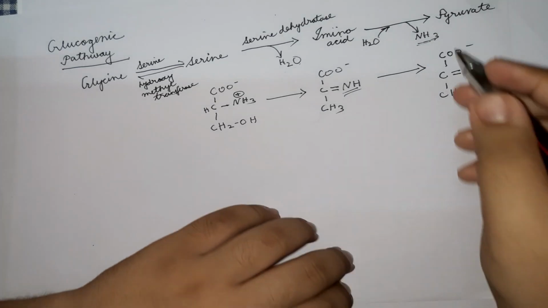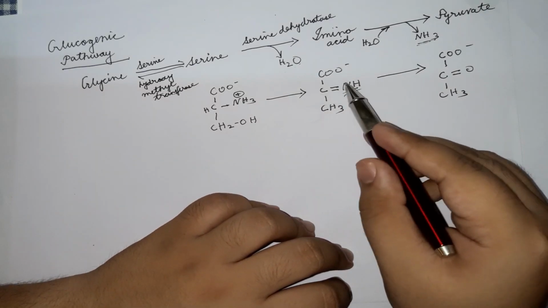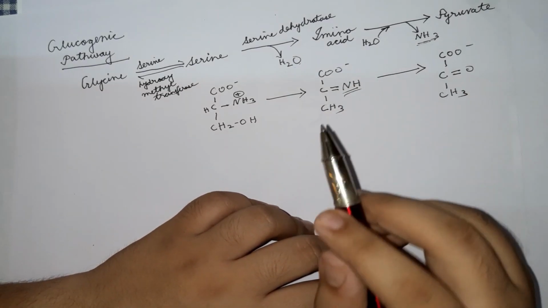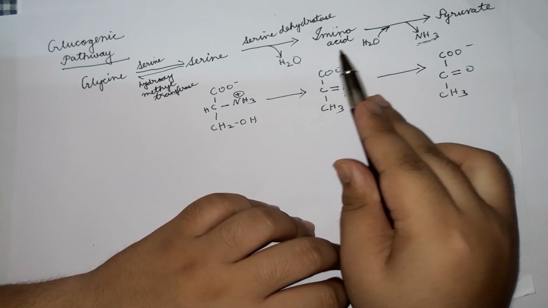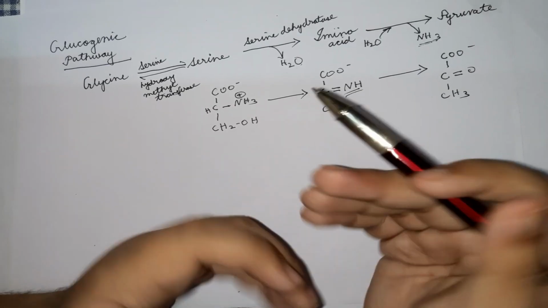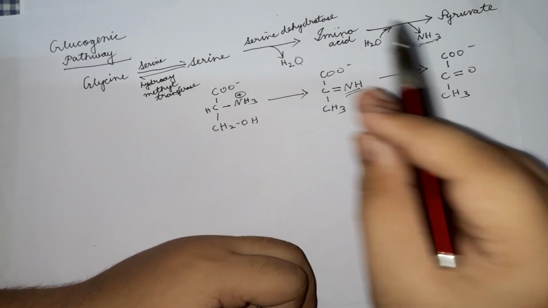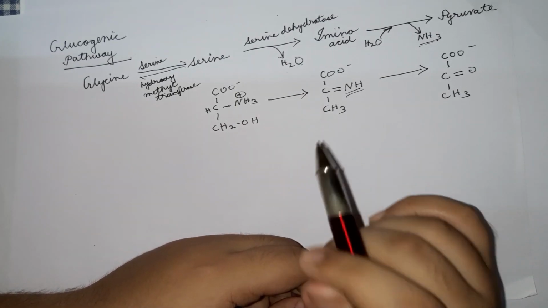See, why the water was required was you had to replace this amino group in the form of ammonia, right? So I think the hydrogen donor in that case would have been water. I may be wrong because I don't know the details of the molecular rearrangement or the mechanism.